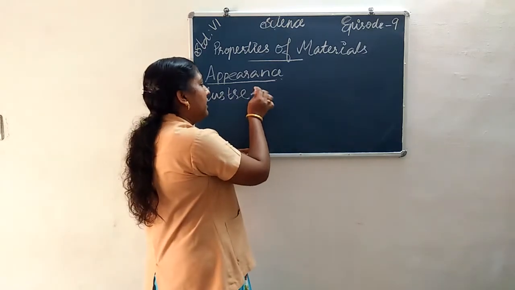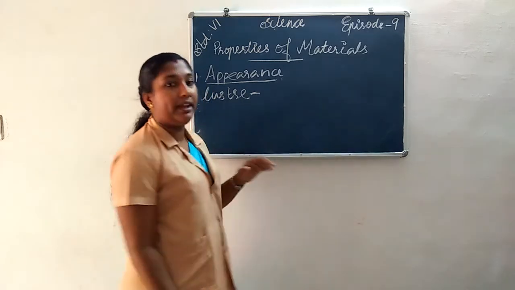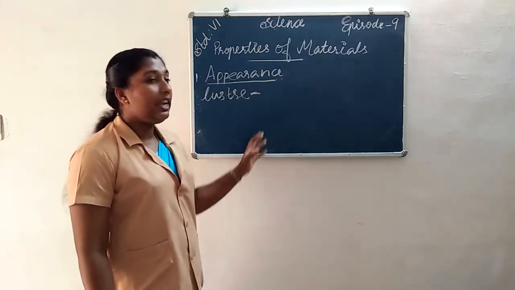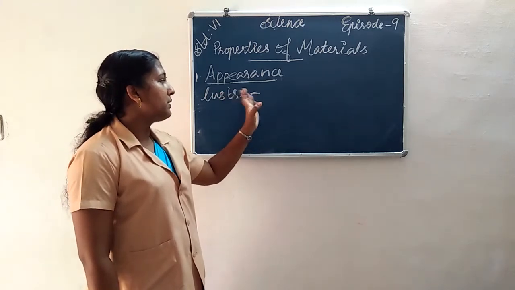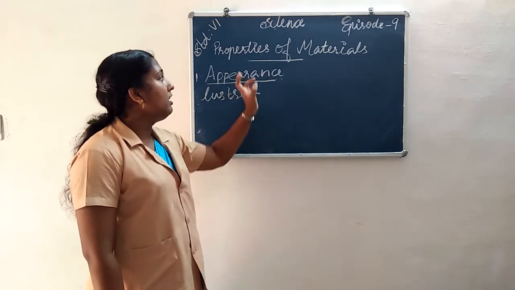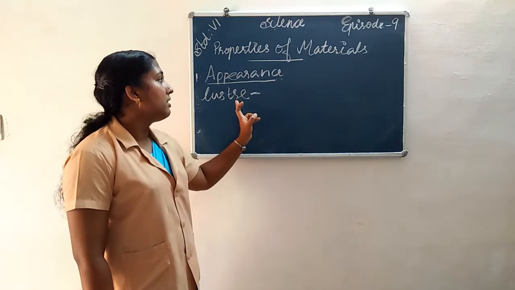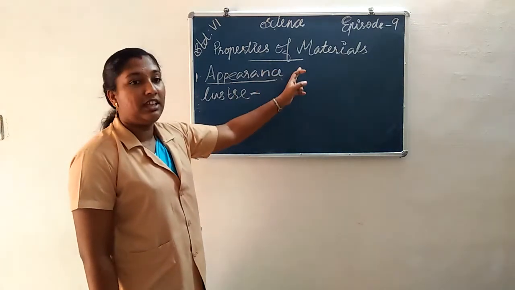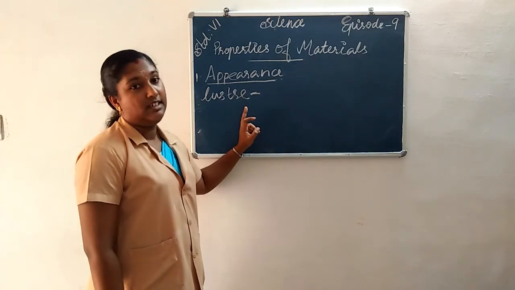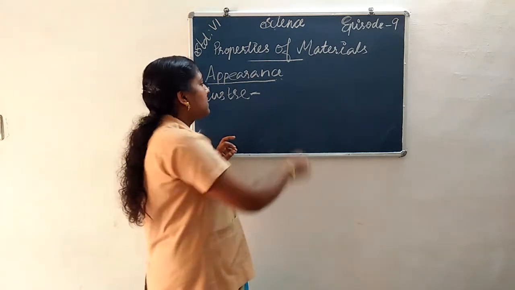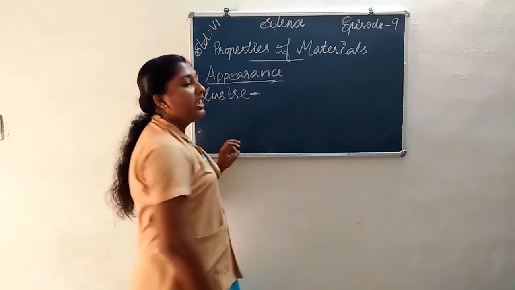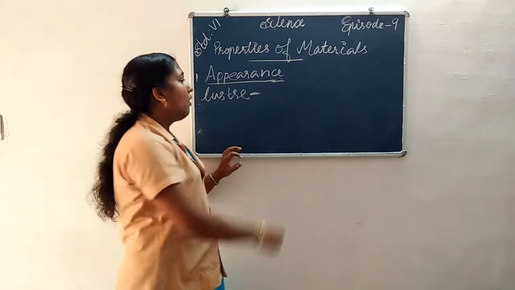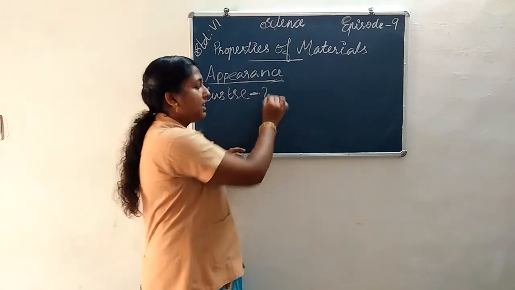The freshly cut piece of any metal has a shiny surface. So the shiny surface of a metal is which property of the material? Luster. On the basis of appearance, on the basis of luster, we can group materials.